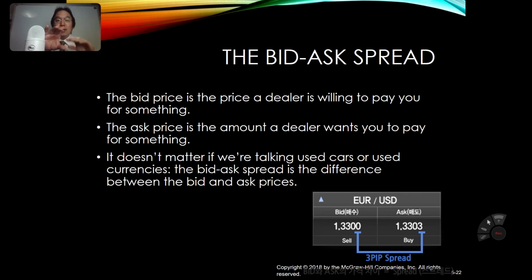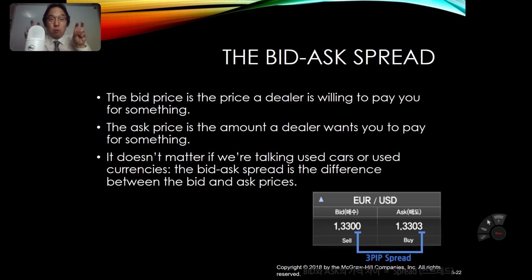Bid-ask. It doesn't matter if we are talking about used cars or used currencies. The bid-ask spread is the difference between the bid and ask prices. And in Bloomberg Terminal or the currency trader screen, for any pairs of currencies, they will always see this kind of bid and ask quotes.